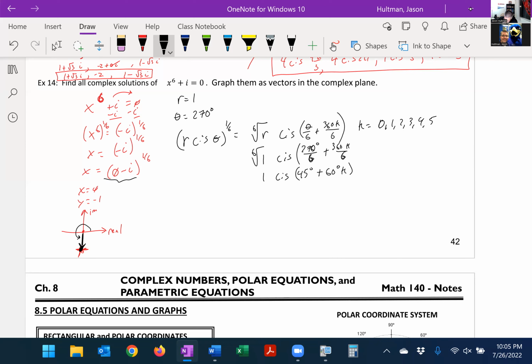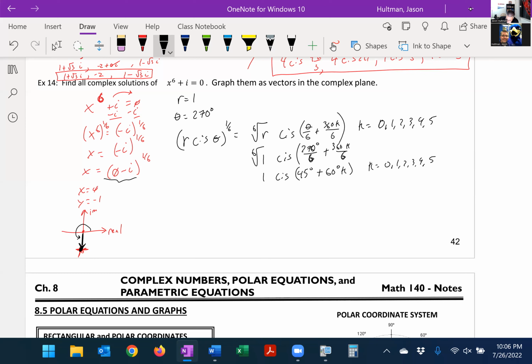And what's k? K is equal to 0, 1, 2, 3, 4, and 5. Okay, the radius is 1. So let's list out all 6 complex solutions here.